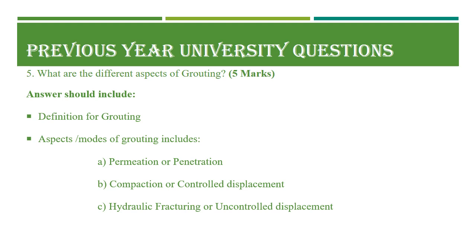There are 3 aspects or modes of grouting. They are permeation grouting, compaction grouting and hydraulic fracturing. You have to give a brief explanation on these 3 modes of grouting. So your answer should contain definition for grouting and the aspects or modes of grouting with brief explanation and with appropriate sketches.